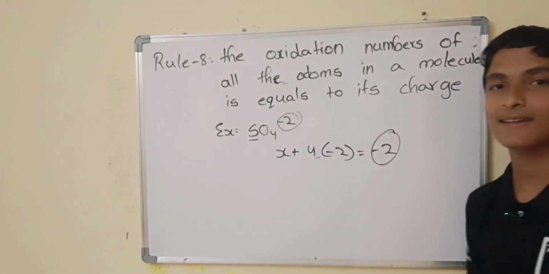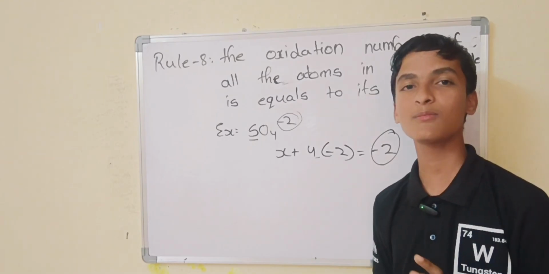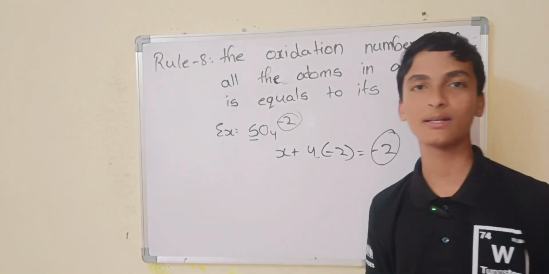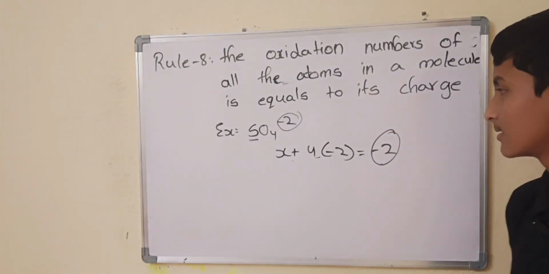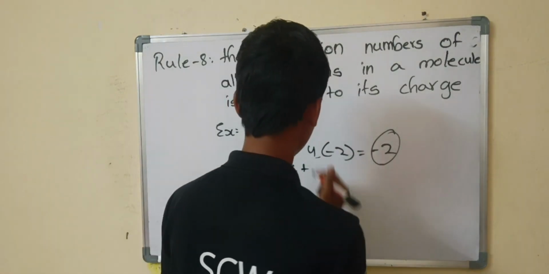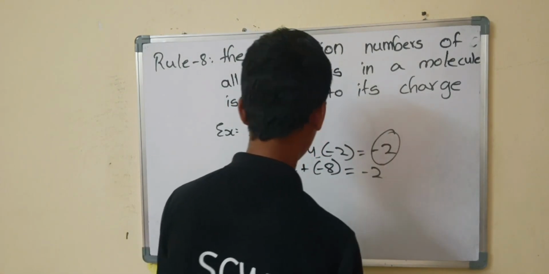And why here X? If we are finding the oxidation number of any element, we consider that element as X. That's why X. Now solve it. X plus minus 8 is equal to minus 2.